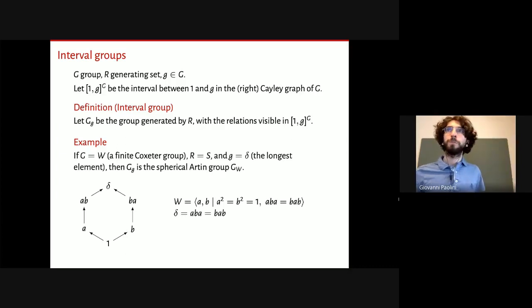Now you look at the interval between the identity and your special element small g in the Cayley graph of the group capital G with respect to the generating set R. The Cayley graph is the graph with one vertex for every element of the group, and for every vertex you have outgoing edges, one for each generator, which brings you from the element where you are to the element times the generator corresponding to the edge.